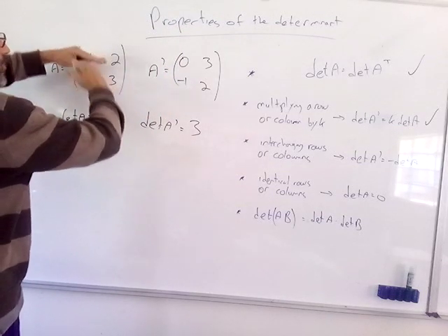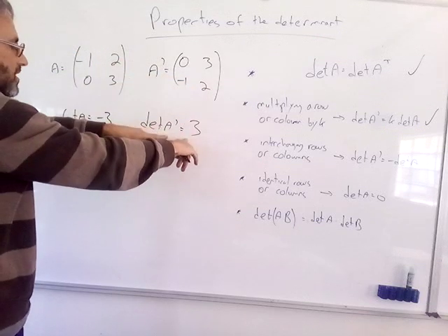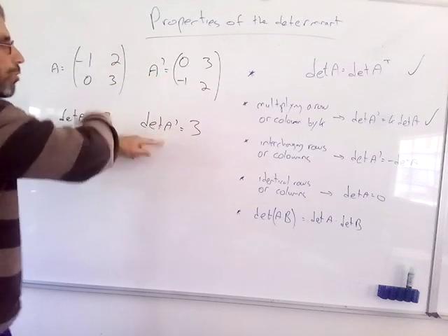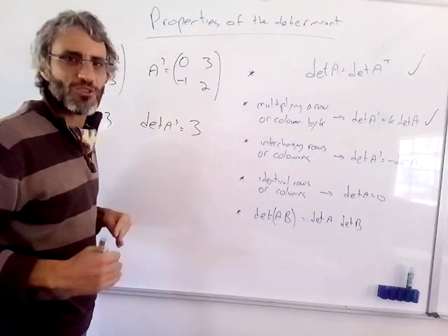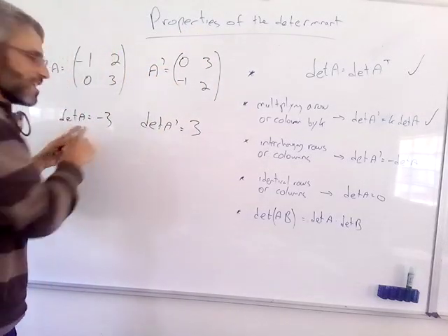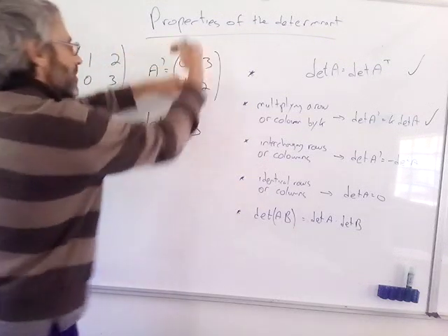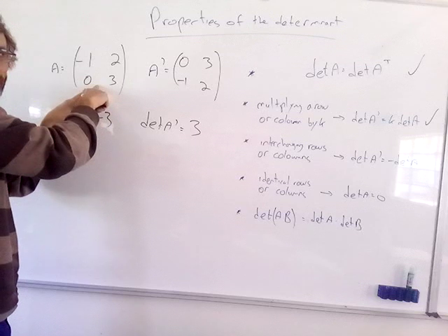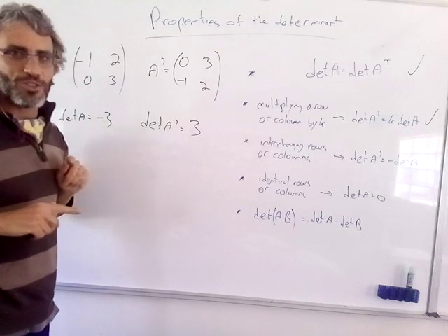Say I swap these rows and I got a new matrix, and the determinant is minus the original one. What will happen if I interchange a row again? Well, obviously you will get your original matrix, right? If I swap that again, I'm going to get the original matrix, so I'm also going to get the original determinant.